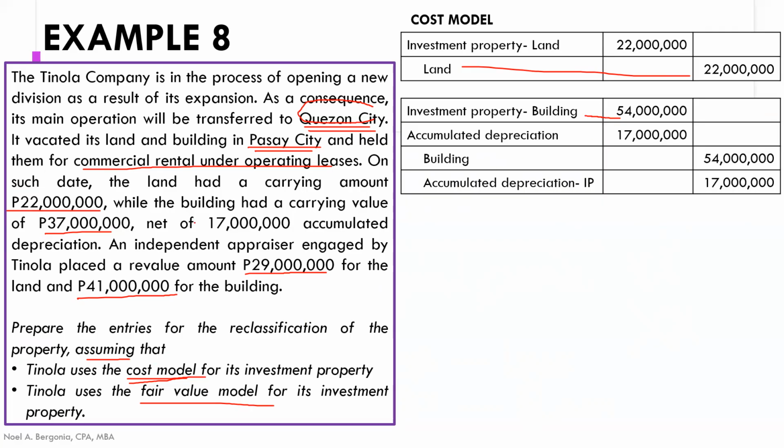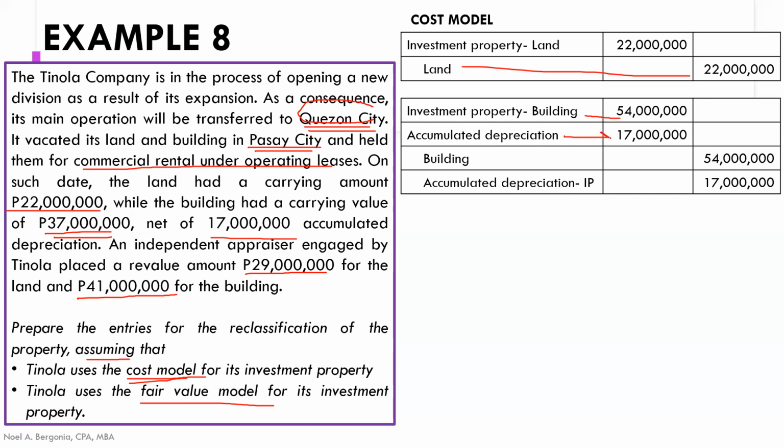Sir, saan nakuha yon? That's the original cost kasi ang sabi, the carrying value is 37 million. Then nakaneto na daw yon with 17 million. So i-add back mo lang yon, so magiging 54 million. Then tanggalin mo yung accumulated depreciation related to the owner-occupied.